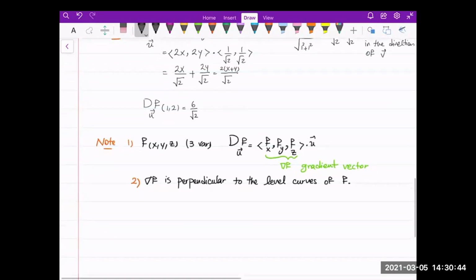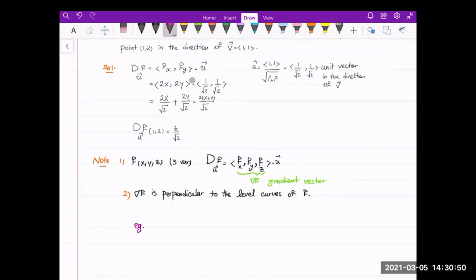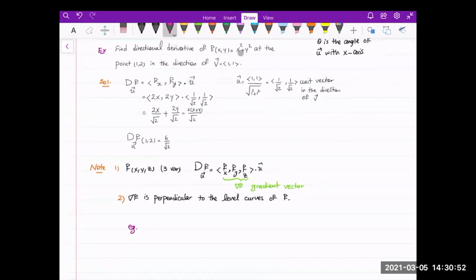For example, in the previous question, the function was x squared plus y squared. If you remember the level curves, to find them we slice the graph by z equals 1, z equals 2, z equals 3, by making z equal to a constant.